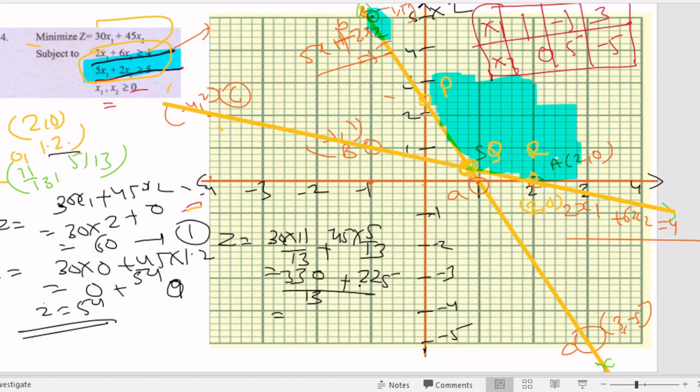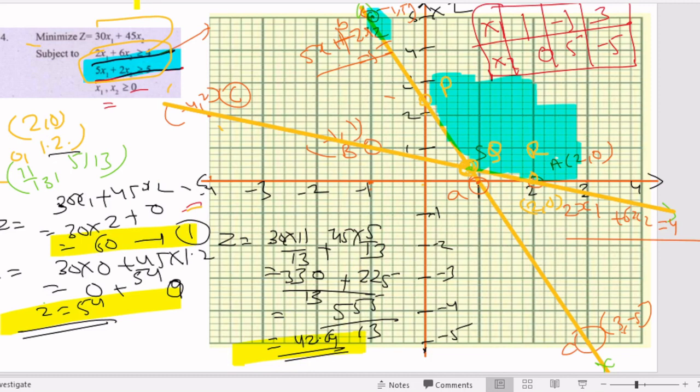So it will be 330 plus 225, which adds up to 555, and divided by 13 it is roughly 42.69. If you analyze all three solutions, 42.69, z equal to 54 and z equal to 60, out of these three solutions 42 is the minimum.